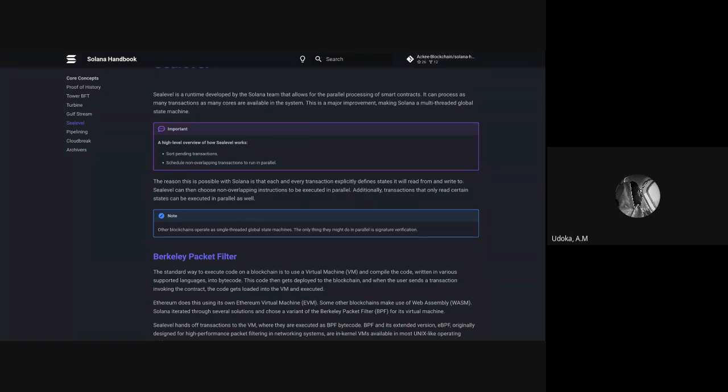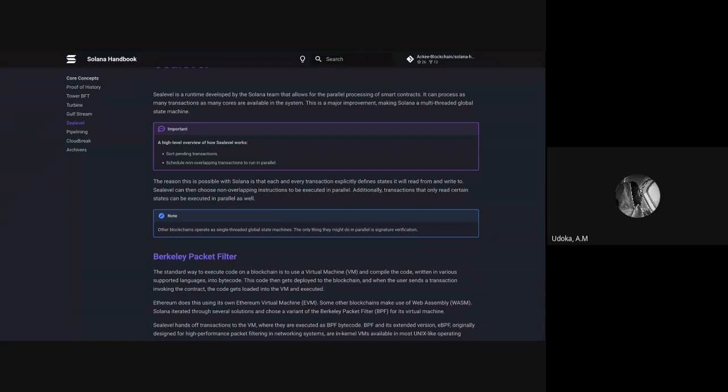But just get it that Sealevel allows non-overlapping transactions to happen simultaneously, so that parallel processing is constantly being run on chain at every given time, 24/7, as the case may be.